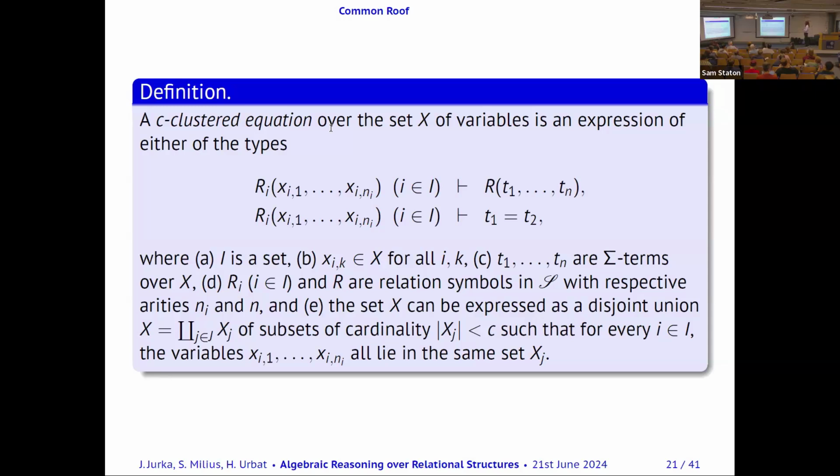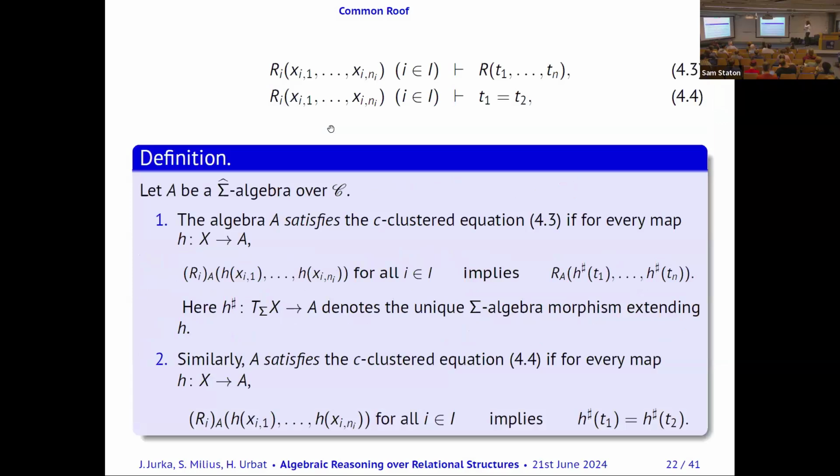And these are the C-clustered equations. I just repeated them here, and satisfaction is as expected: for every assignment of variables in X, we get an implication like this, and an implication like this.